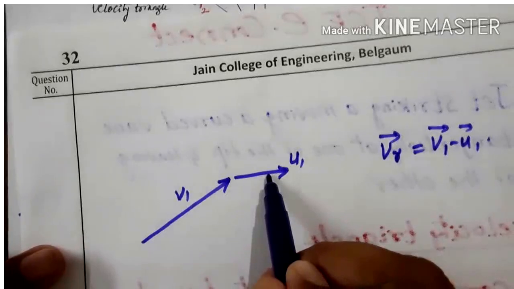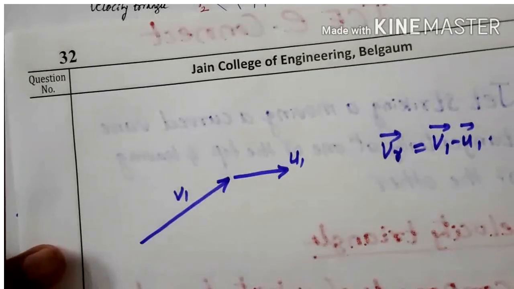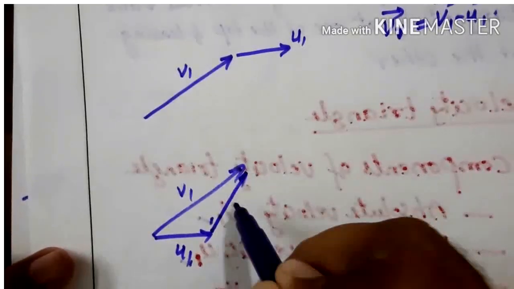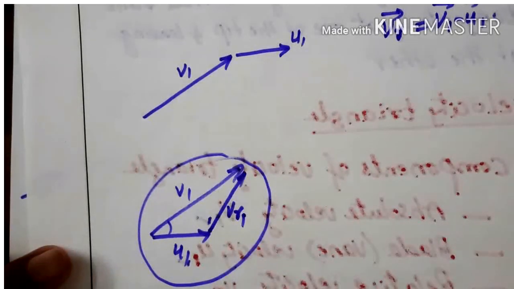Just shift it there and I'll draw next like this. This is v1, the same magnitude and direction. I'll shift it here and keep it here. This will become u1. Then this represents VR, the relative velocity. This is what we call a velocity triangle. This is the resultant.